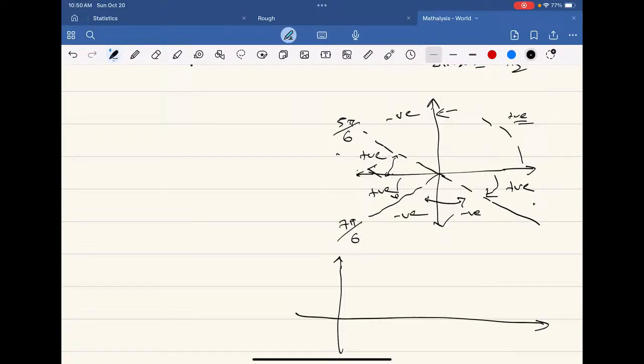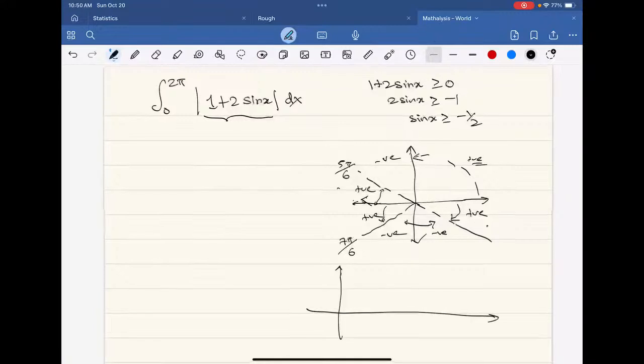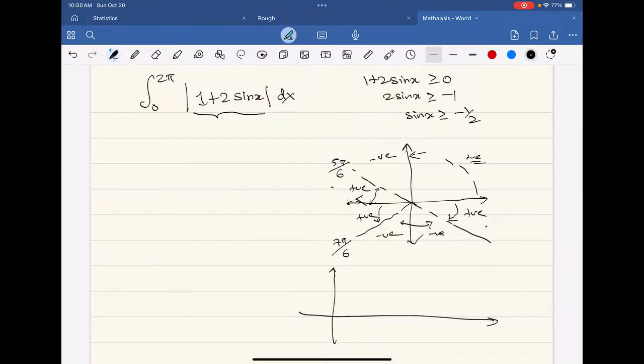So first of all, this 1 plus 2 sine x starts from 0, but we have 1 over there. This starts from here, right?